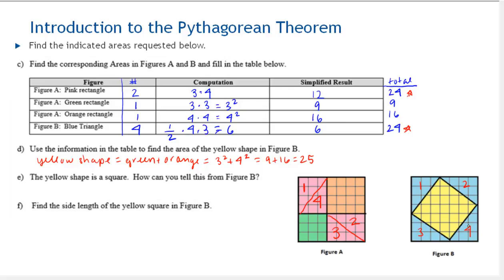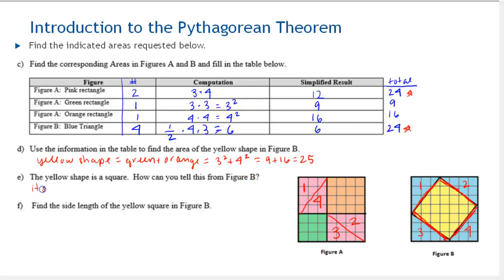Well, that means that since this is our right angle, this side is the side across from the right angle in triangle 3. That has to be the same as the side across from the right angle in triangle 4. And the same will apply for triangles 2 and 1. So now we know all these sides are equal. We don't know their length, but if all the sides are equal, then it must be a square. Okay, so how can we tell this from figure B?